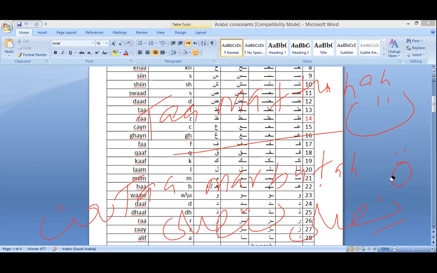So this is ta at the beginning, this ta in the middle, and this is ta at the end. And which ta is this one? Ta maftuha. That's right. But ta marbuta can only be at the end of a word. It cannot be at the beginning. It can only be at the end, right?